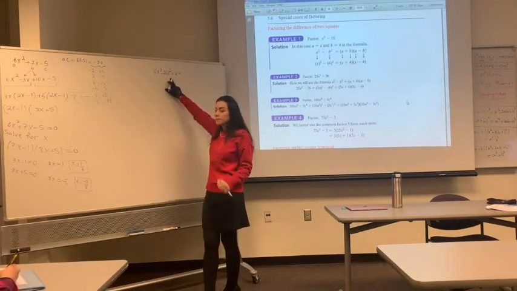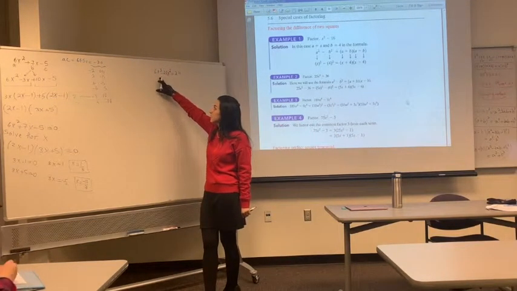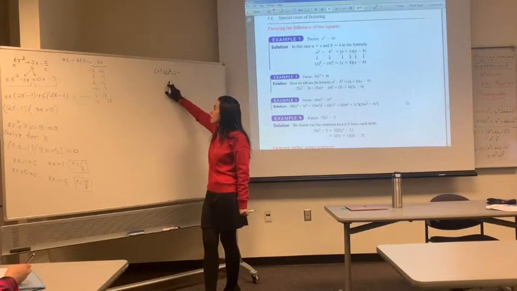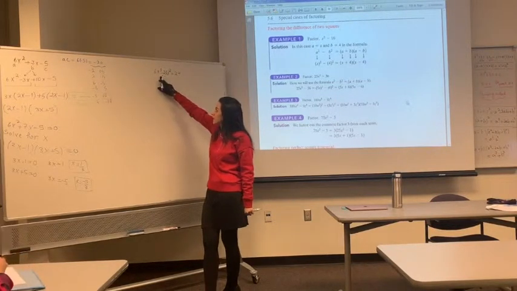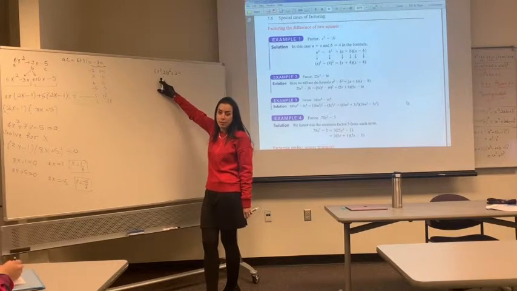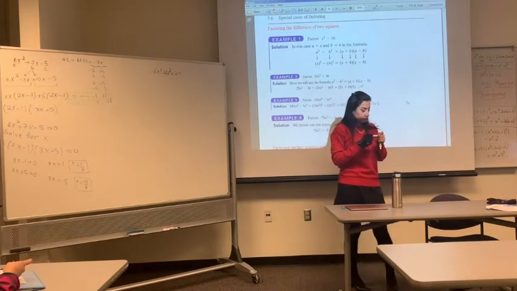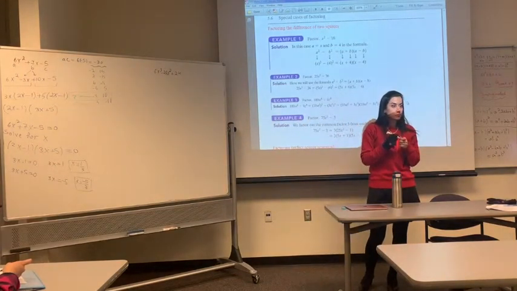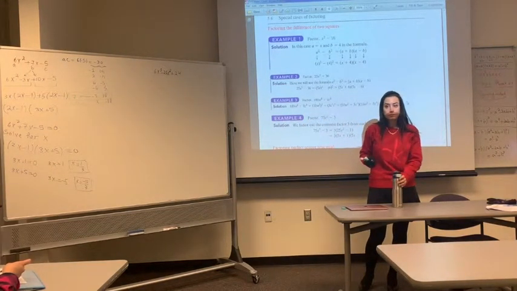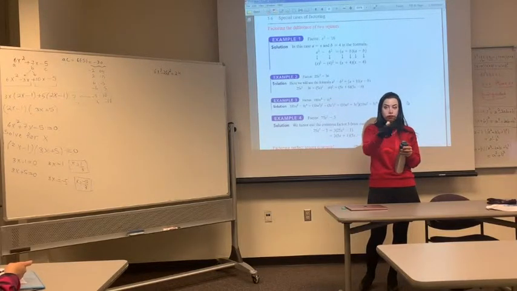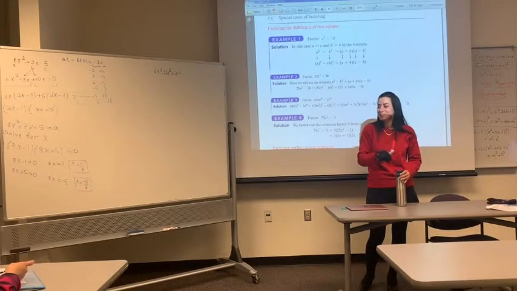The next one says 6x to the power 3 minus 26x to the power 2 plus 24x. Between these, there is a number in common. Two is common, okay? I'm waiting for some of the students to write down that question.